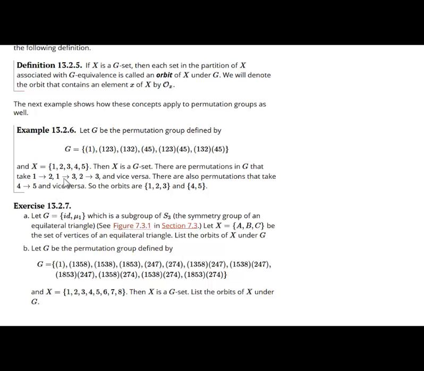That means that 1 is in the same orbit as 2 and 3, but 1 is not in the same orbit as 4 or 5 because there's no permutation that takes 1 to 4 or 4 to 1. I've also noticed that if 1 goes to 2, there's also a permutation that takes 2 to 1. For instance, this permutation takes 2 to 1. And 1 goes to 3, and there's also a permutation that takes 3 to 1. This one takes 3 to 1.